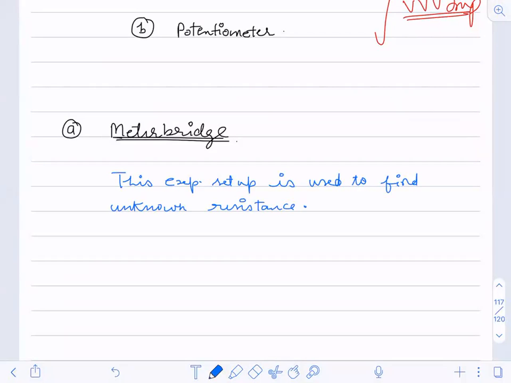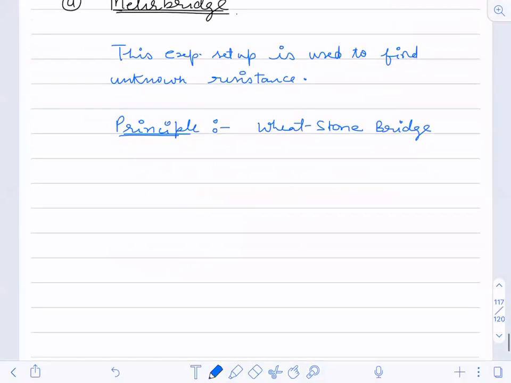What is its working principle? Its principle is the Wheatstone bridge only. And what is the Wheatstone bridge? I have already told you. So I'm just writing it here. I'll draw the figure also.